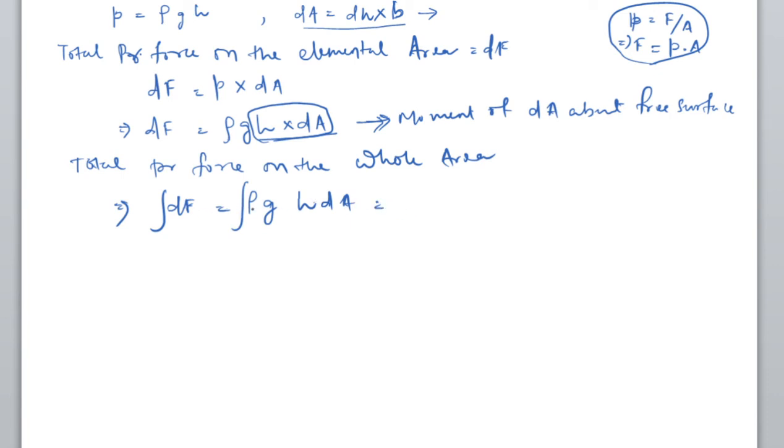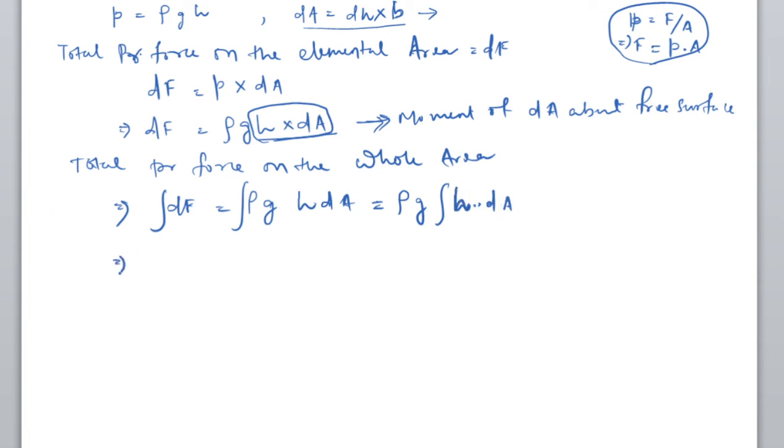Rho varies from liquid to liquid, but for a single liquid it is constant. So rho and g are constants. g is acceleration due to gravity, rho is the density of the liquid, and the variable is h into dA.